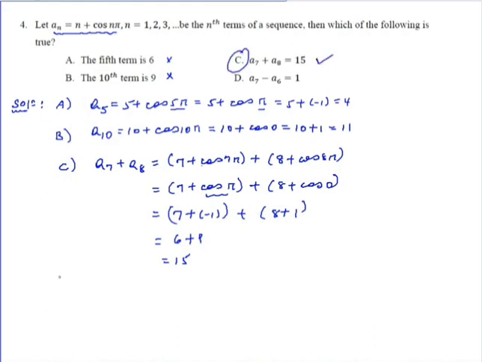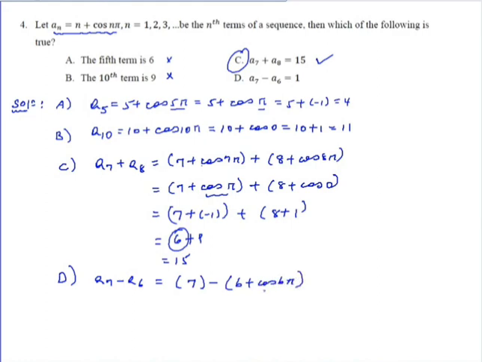We can check for D. In D, the 7th term minus the 6th term is 1, it says. The 7th term we already found is 6. The 7th term is 6, minus the 6th term, which is 6 plus cos 6 pi.